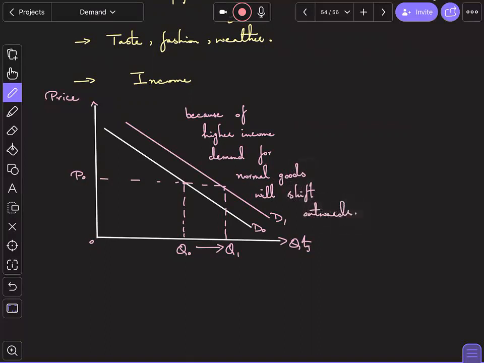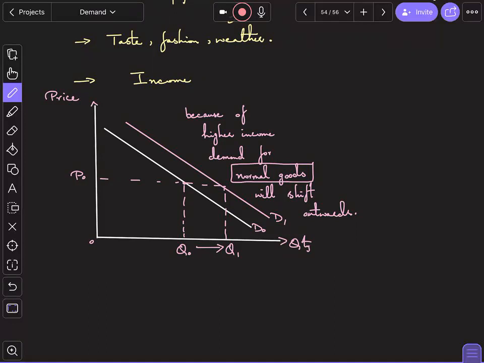So there are two types of goods. One is normal goods and the other one is inferior goods. Normal goods are goods that have a direct or positive relationship with income. If income increases, their demand will increase. On the other hand, what happens in the case of inferior goods? Inferior goods have a negative or inverse relationship with income. As the income of the consumers increases, they will demand less of the good. Let's say we have public commute or public transport as an inferior good.